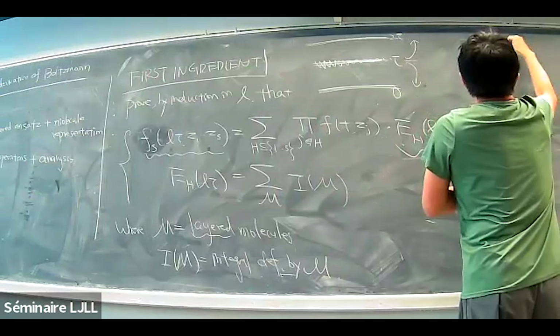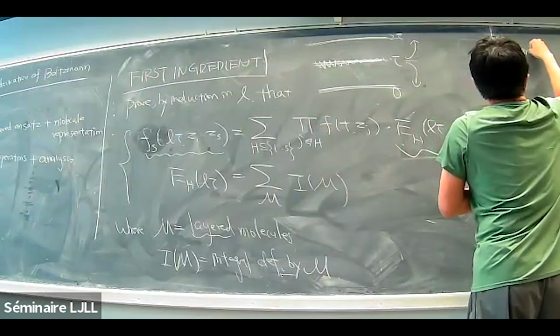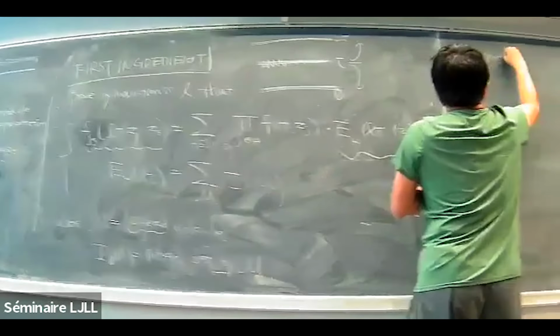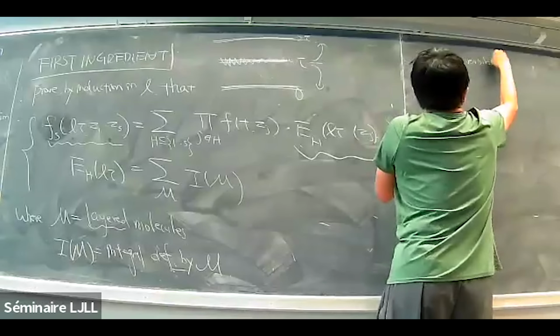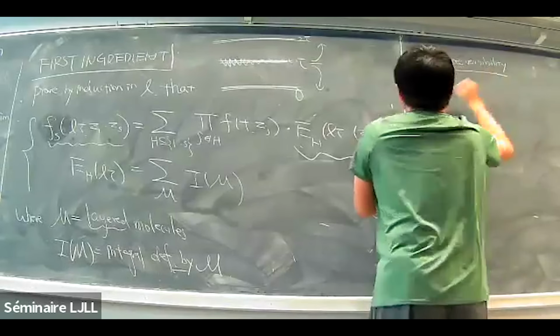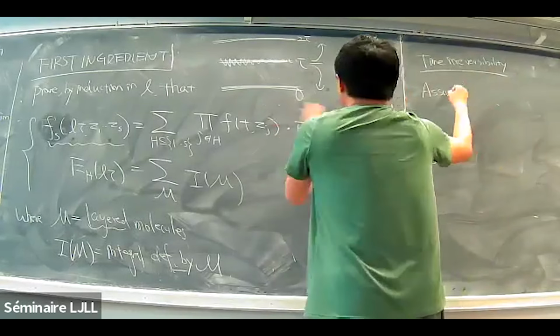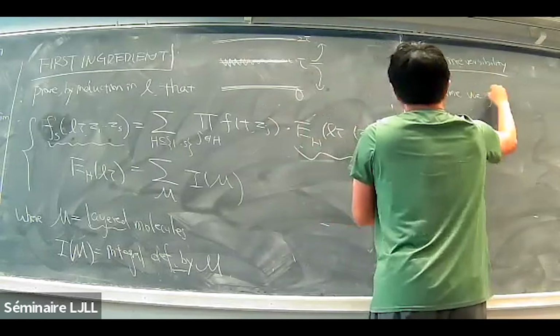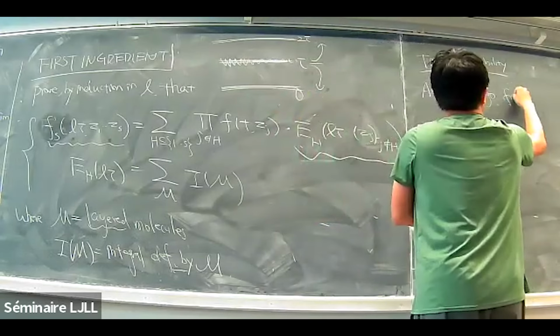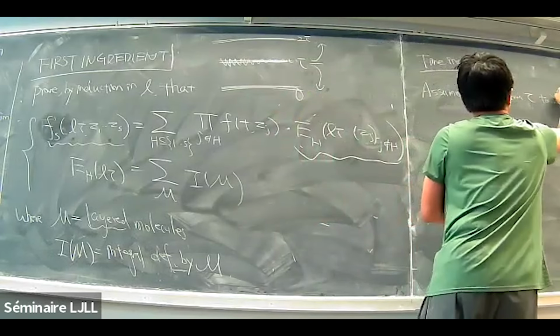Okay, so time irreversibility. Assume we go from tau to 2 tau.